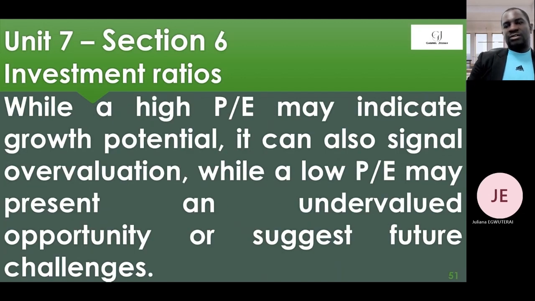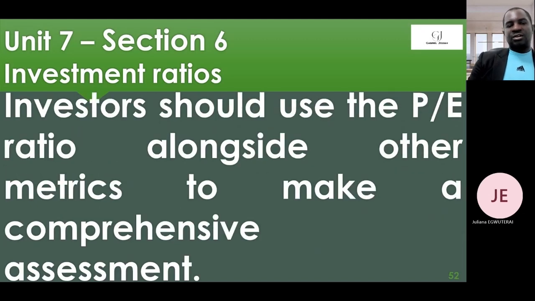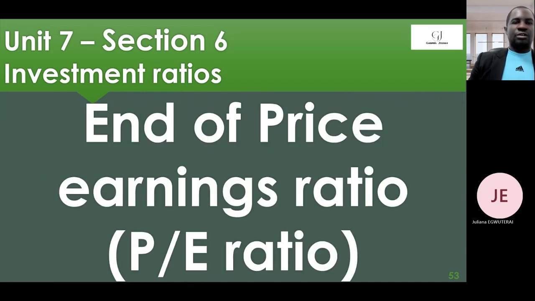And a high one indicates growth potential, but could also signal overvaluation, while a low one signals slow growth, future challenges, and undervaluation could be the reason for a low one. So investors should, alongside the PE ratio, use the earnings per share and others to make a comprehensive assessment that will culminate in their decision making.